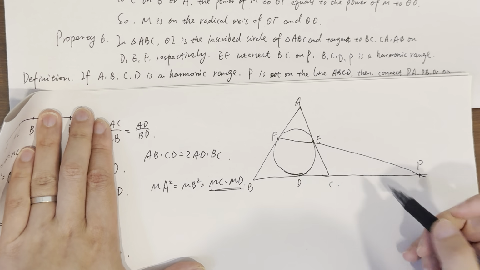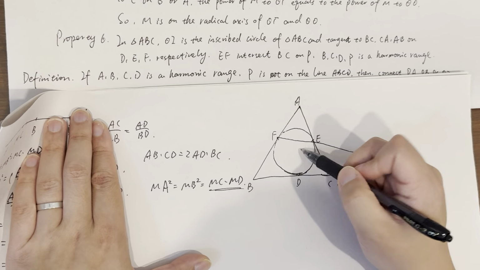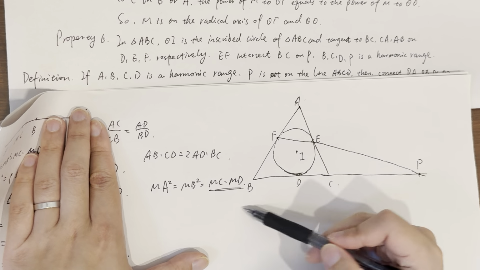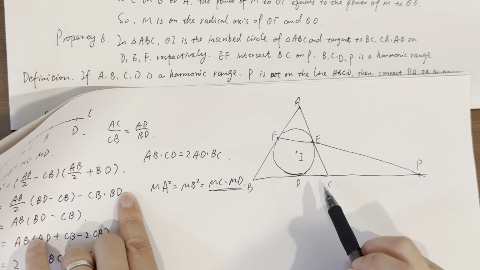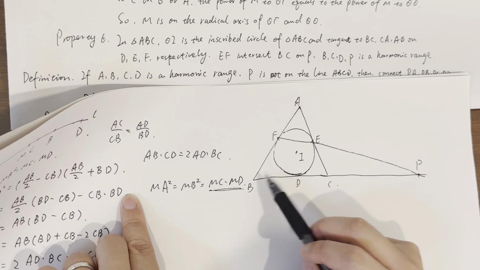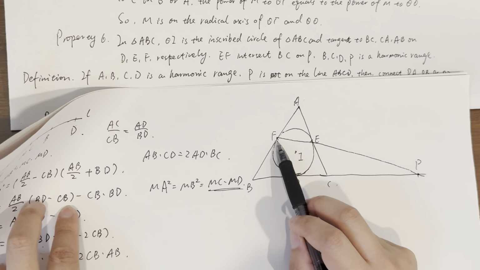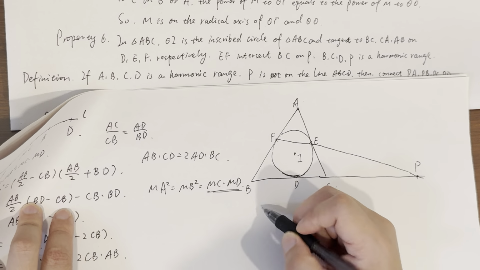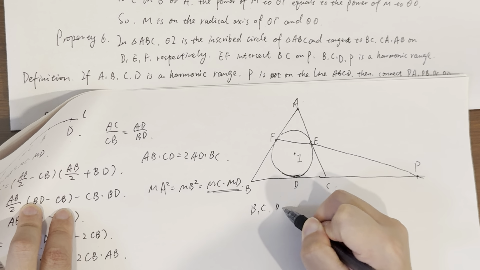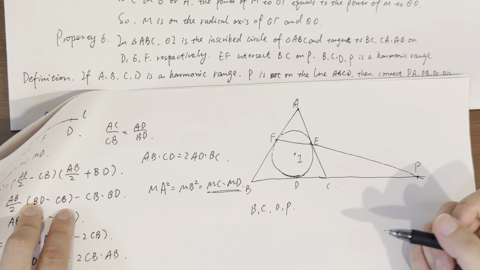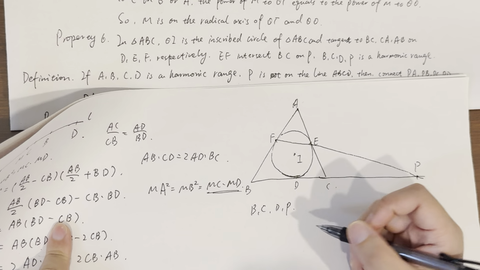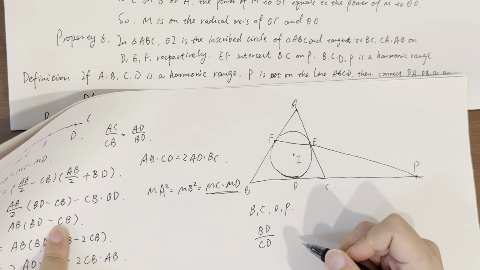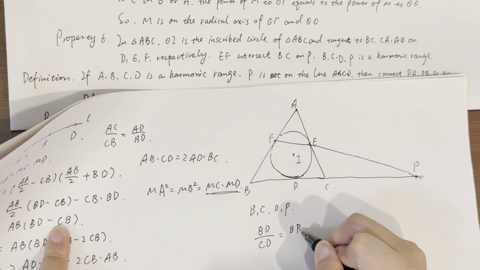Right, so let's restart. In triangle ABC, circle I is the inscribed circle of triangle ABC and tangent to BC, CA, AB at D, E, F respectively. EF intersects BC at point P. So we want to prove that B, C, D, P is a harmonic range, which means BD to CD equals BP to CP.